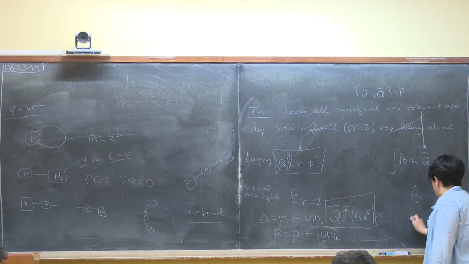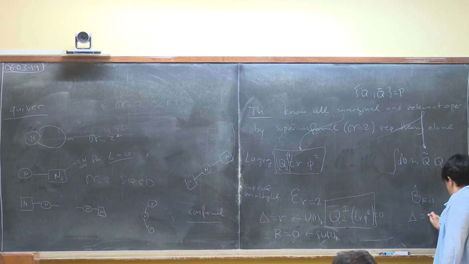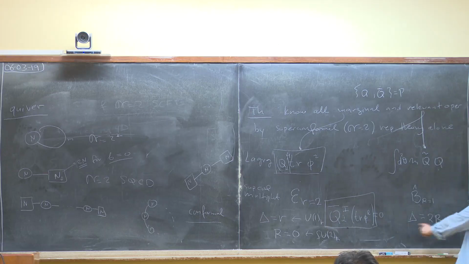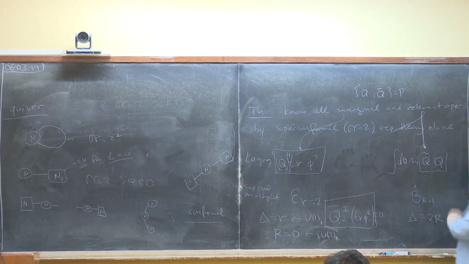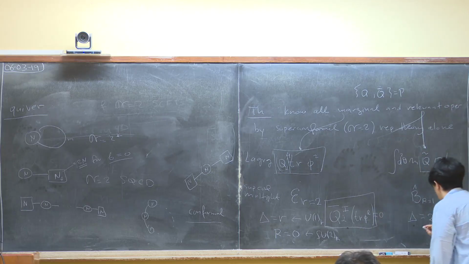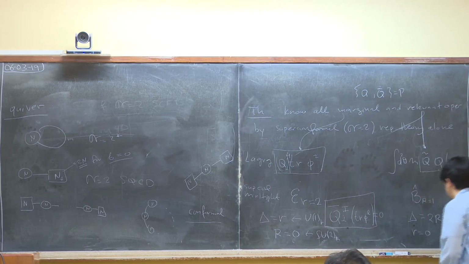They have the property that delta is equal to 2R. So delta is equal to 2. This is the operator, and this is what I write to make it Lagrangian. And they have little r equal to 0.